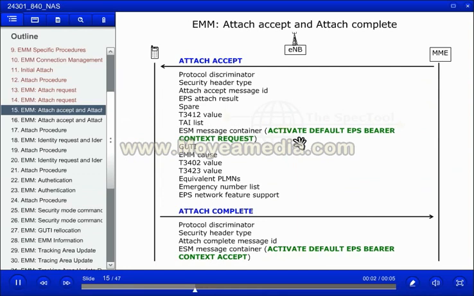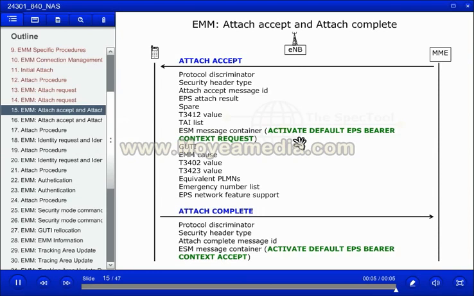These are the information elements in the attach accept and attach complete messages. The attach accept message will carry the ESM active default EPS bearer context request message. The attach complete message will carry the ESM active default EPS bearer context accept message.